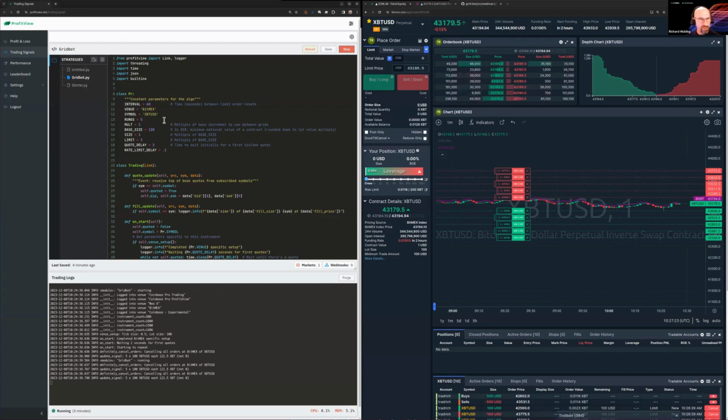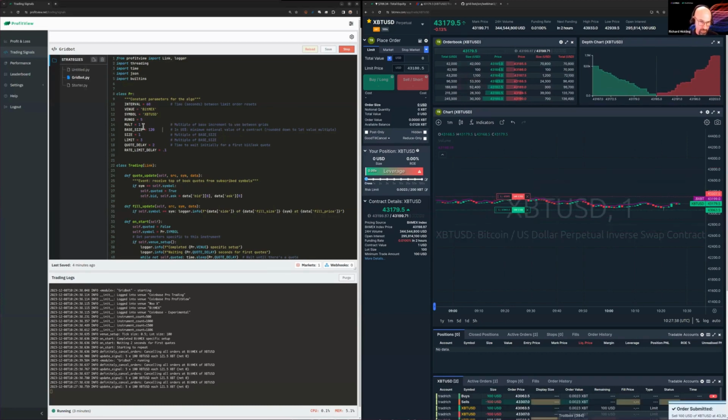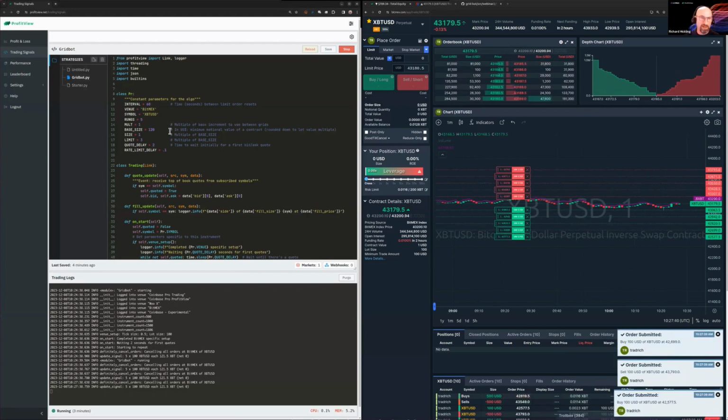So if you just go by lot size, you'll end up with a wide range of scales of algo when you go across different coins. And I think most people will want them to be scaled about the same. So if you change this to ADA USD or something and use it with this algo, it'll be approximately $120 worth for each trade. So that can be adjusted.